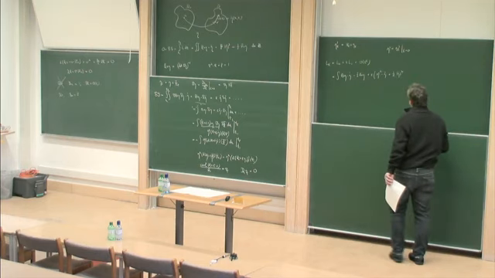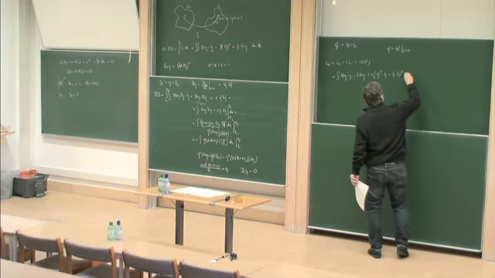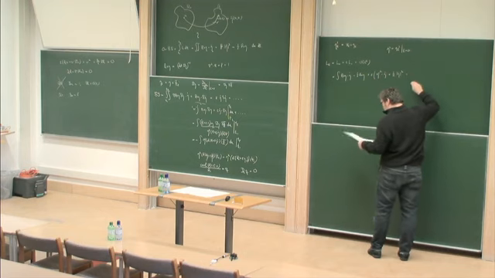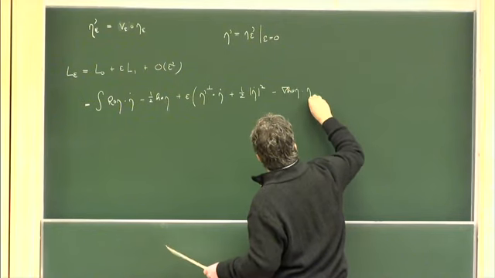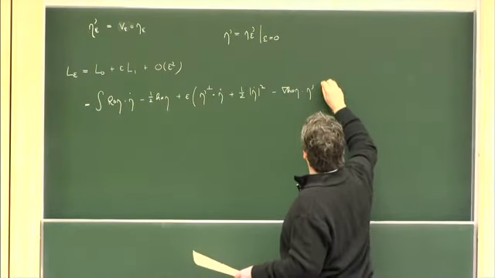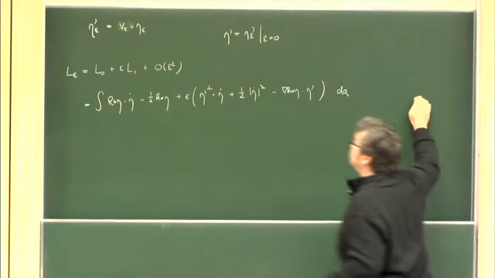So now kinetic energy is coming into the game here, and then minus gradient h composed eta dotted with eta prime dA.